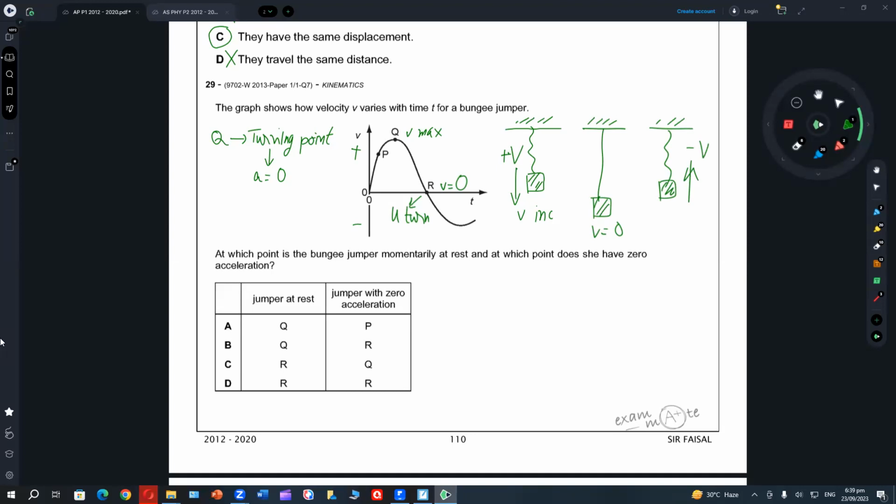So I have changed the situation also. We have thoroughly discussed the graph: at which point is the bungee jumper momentarily at rest, and at which point does she have zero acceleration. So I have done the whole working with you, and now you can choose the column.